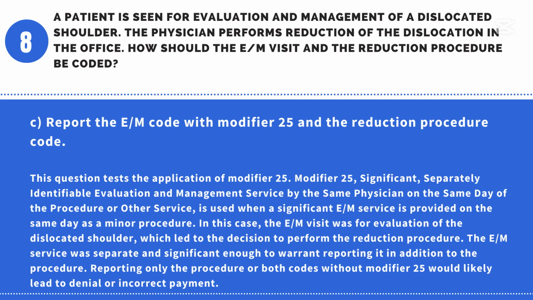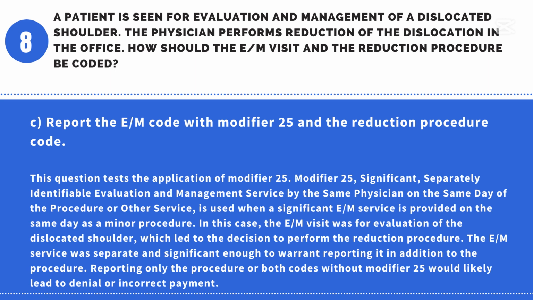Answer: C. Report the E/M code with modifier 25 and the reduction procedure code. This question tests the application of modifier 25. Modifier 25, significant, separately identifiable evaluation and management service by the same physician on the same day of the procedure or other service, is used when a significant E/M service is provided on the same day as a minor procedure.